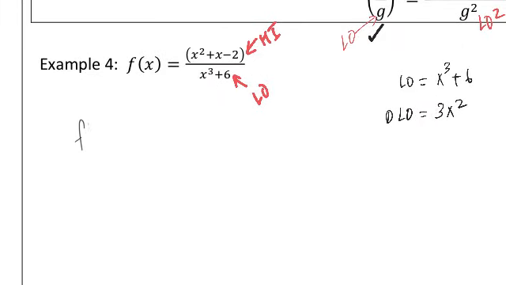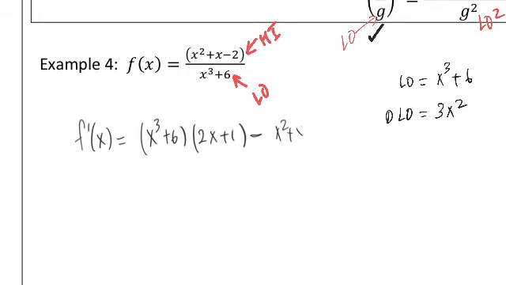Okay, so then f prime is low d high, make sure you put parentheses whenever you have more than one term, minus high d low. And for this, I want you to put big parentheses around that whole subtracted term.